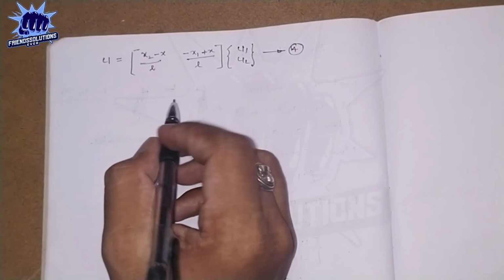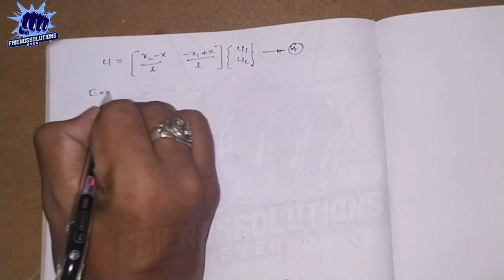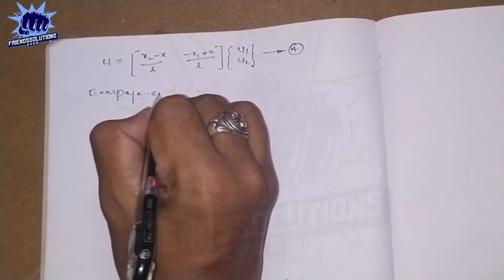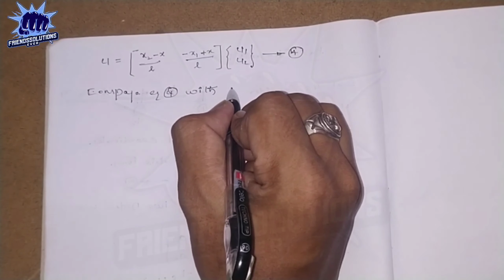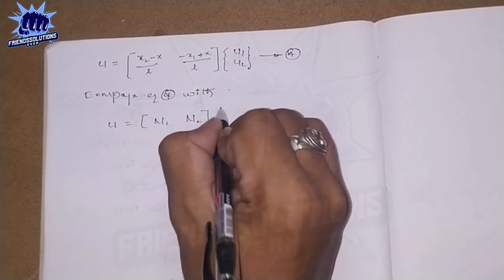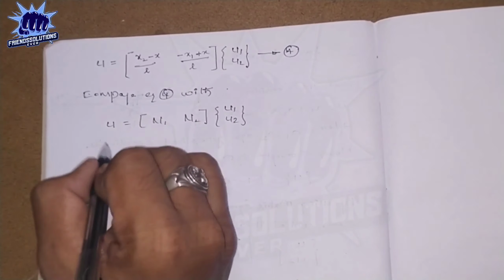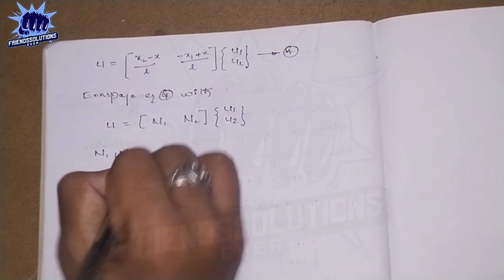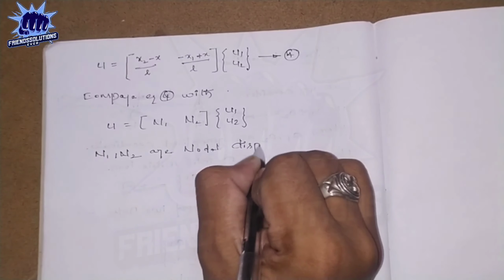Then you have to compare equation number 4 with u equals [n1 n2] times u1, u2. Here n1 and n2 are the shape functions.